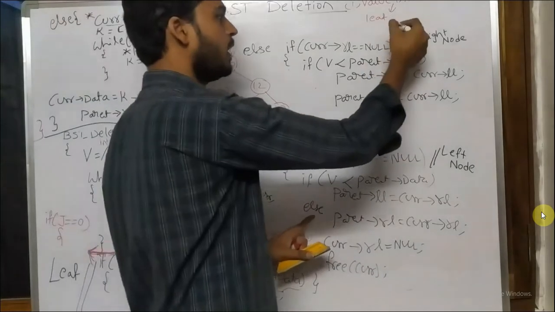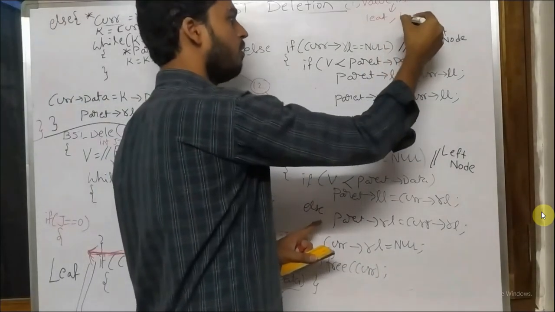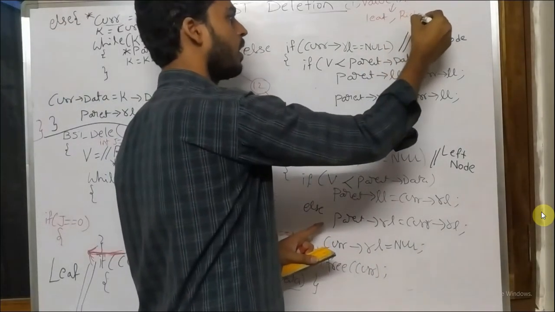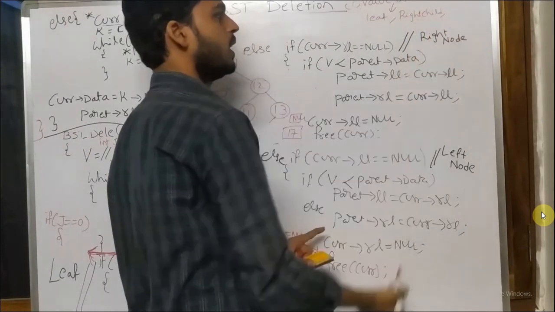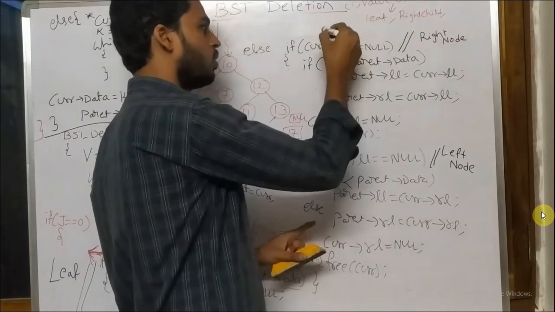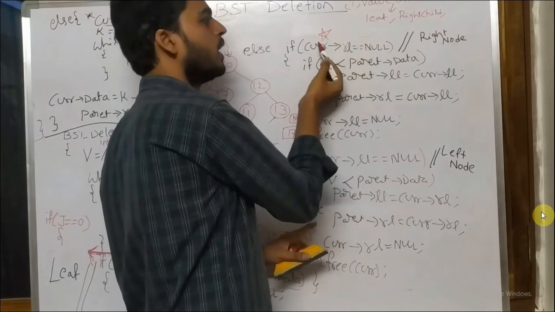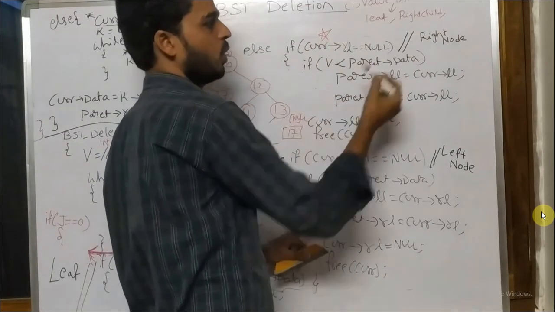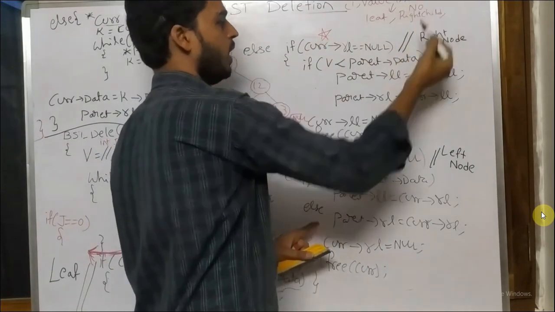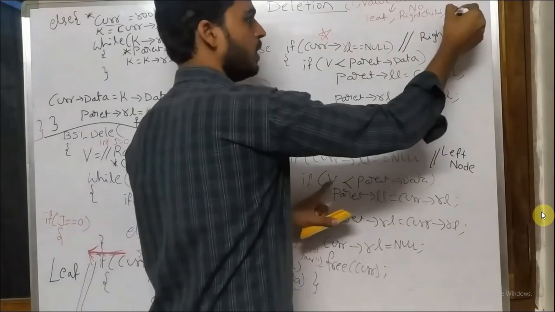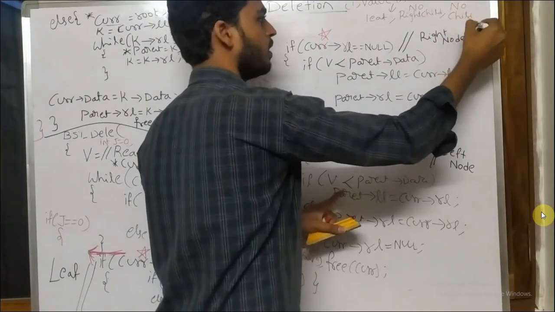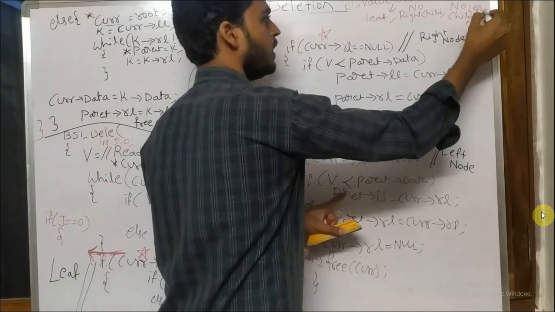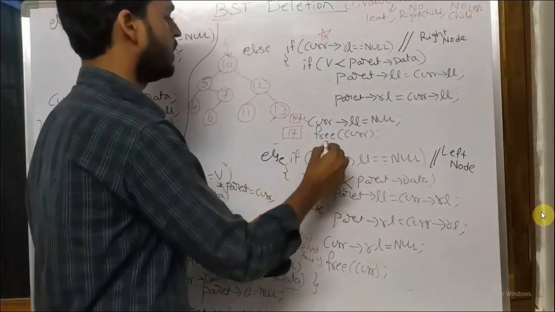And if it is not a leaf node, I need to check whether it has a right child or not. This is the code for when there is no right child. After that I check whether it has a left child or not, so for that I have written this condition.